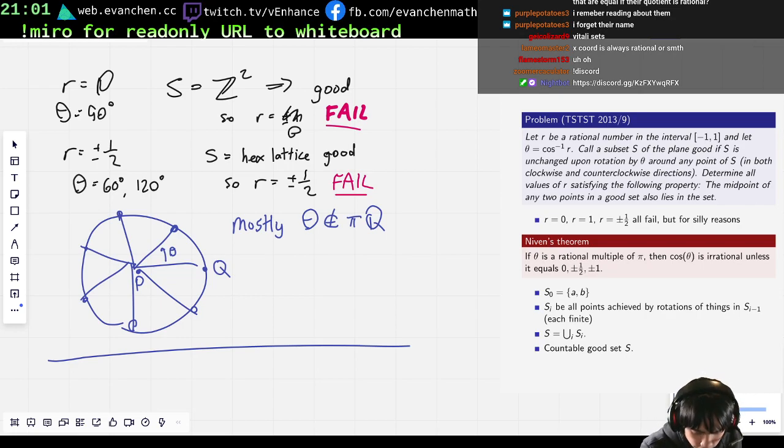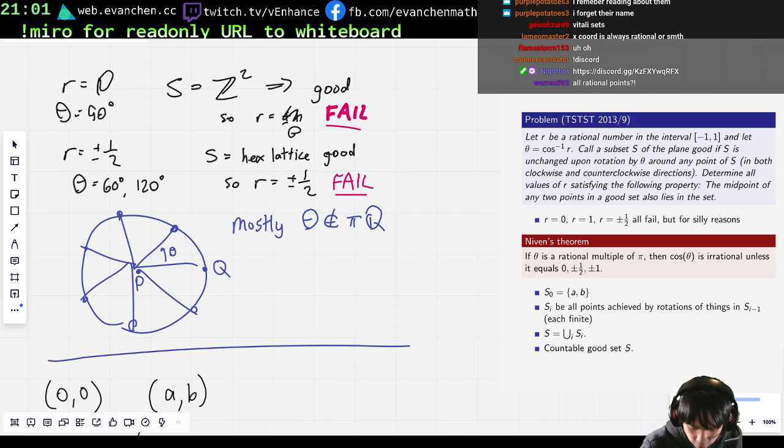So if I have 0, 0 and (a, b), then the rotation is, let's say r equals 3/5, okay? I want to pay attention to this one because something interesting I think is happening here. And suppose I start with (0, 0) and (1, 0). In fact, I'm going to follow the construction that I gave before.